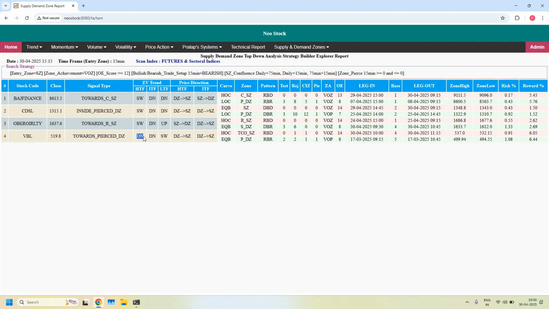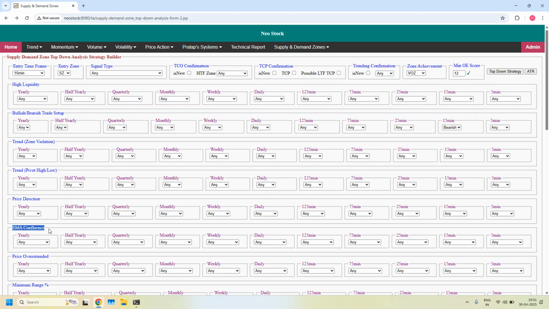If this stock is having daily supply zone with daily EMA Confluence, then this overlapped 15-minute supply zone might be having more high probability to get success. Let's verify. In the EMA Confluence at daily, I am checking daily supply zone having daily EMA Confluence.